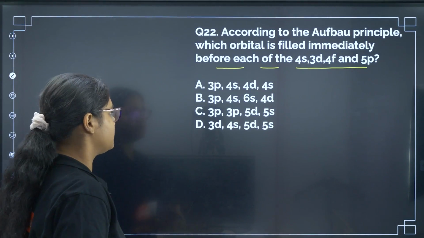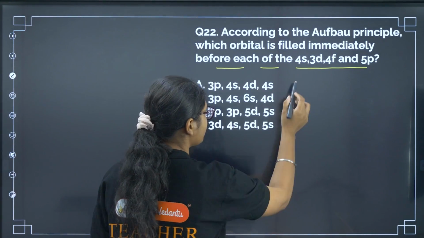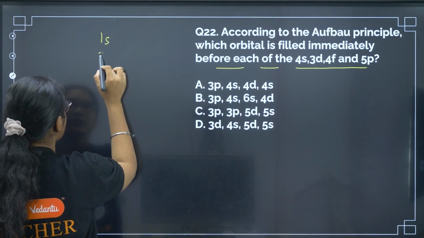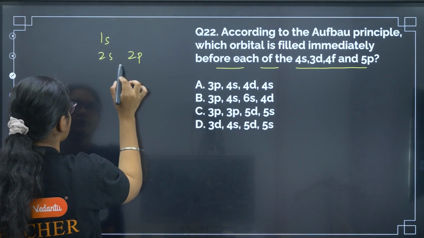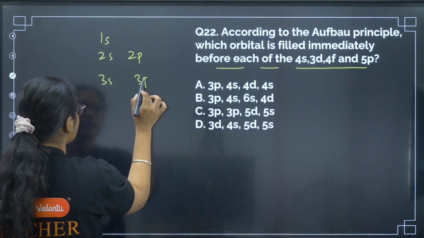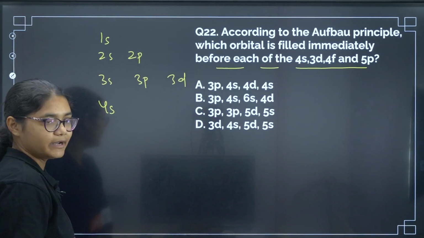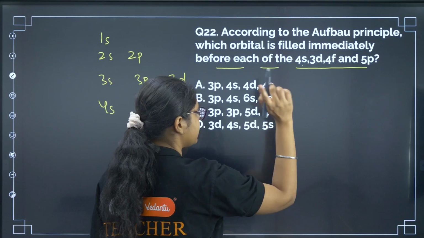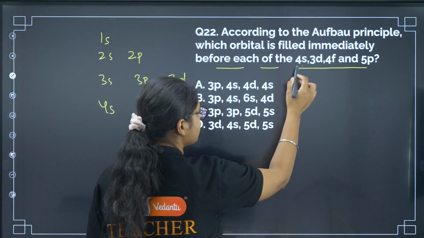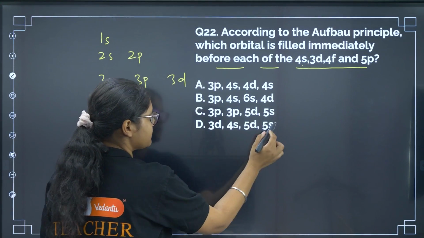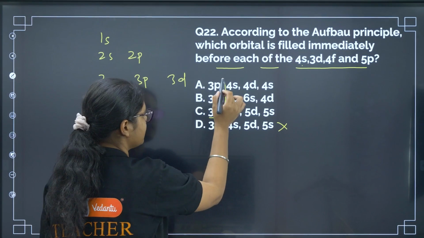Okay, if you have remembered, before 4s we have 1s, then 2s, 2p, 3s, 3p, then we fill up 4s and then 3d is filled up, right? So before 4s, 3p should be filled. So we can eliminate this option, these all are having 3p.